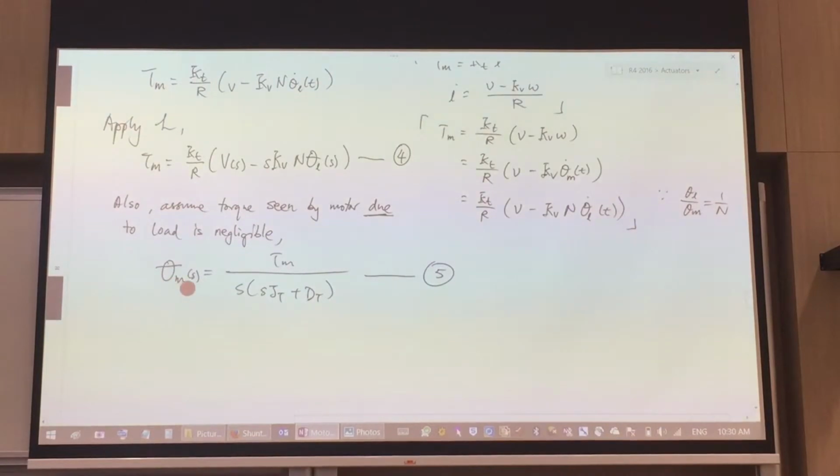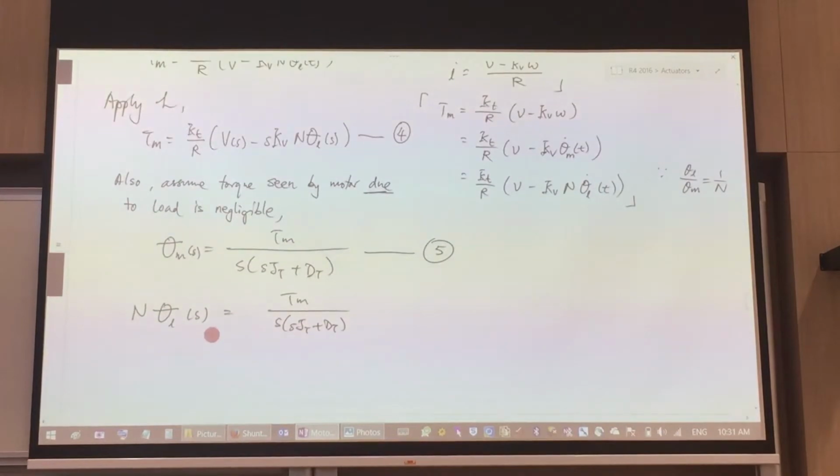Now this theta M is the same as N theta L. So I could re-express theta L as equal to 1 over N, Tm over S(J_T S + D_T). Equation 6.